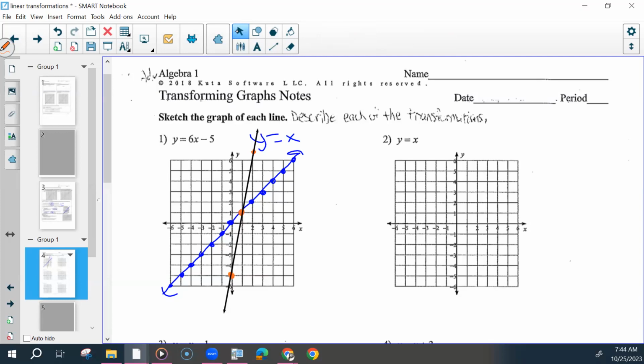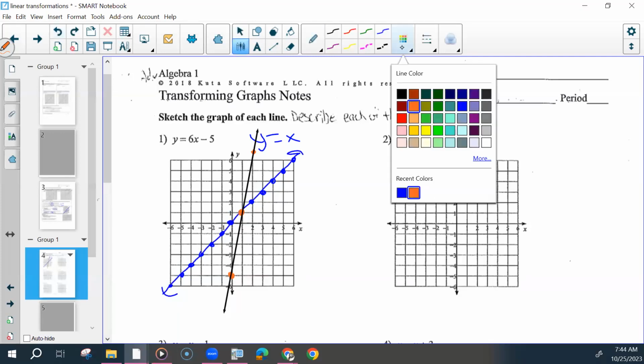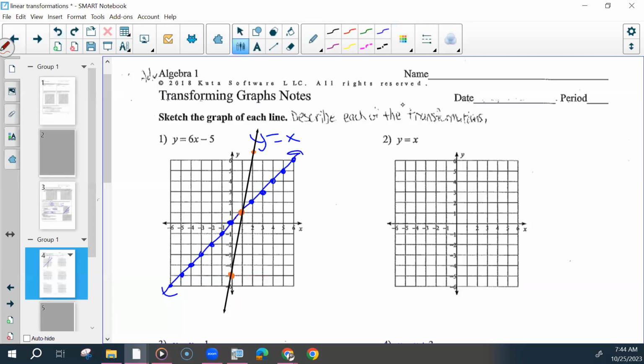So if we're comparing this one we just drew to the original, what changed? The y-intercept went down, not up. So we could say the y-intercept shifted down 5.